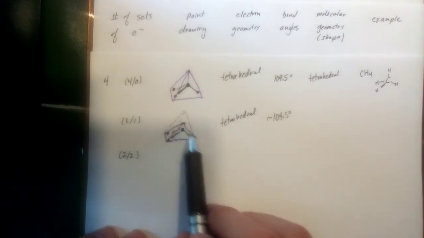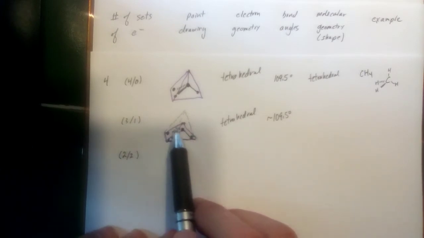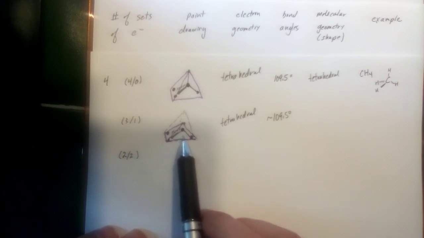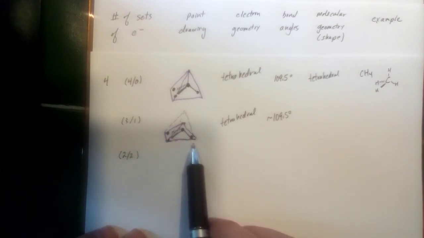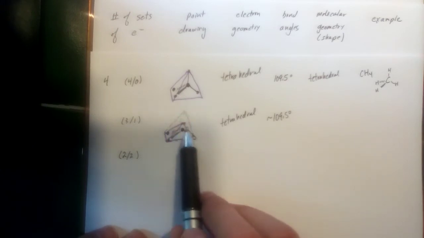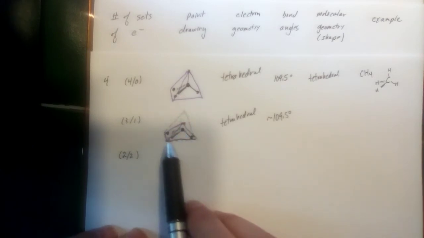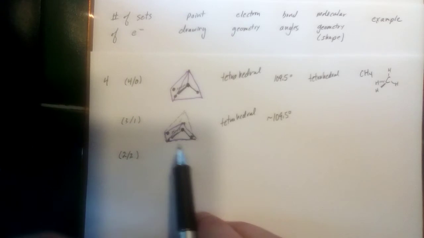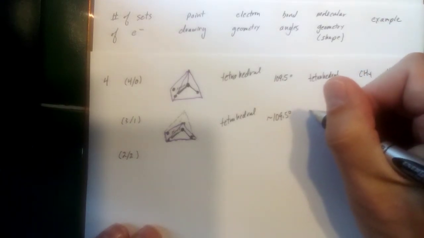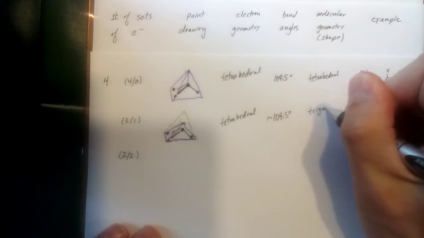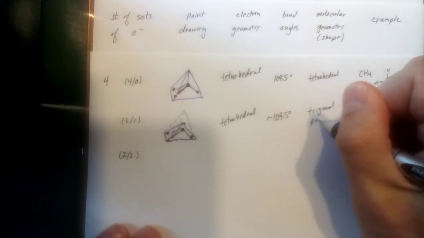But that's also a pyramid. But it's a little more squished. It's a squatter pyramid. The triangle that would be the base or the bottom hasn't changed from the original one, but the ones on the sides are now smaller. So this is a less symmetrical pyramid, but it's a pyramid with a triangular bottom. So we describe this shape as trigonal pyramidal.